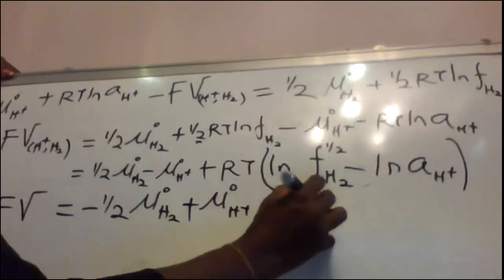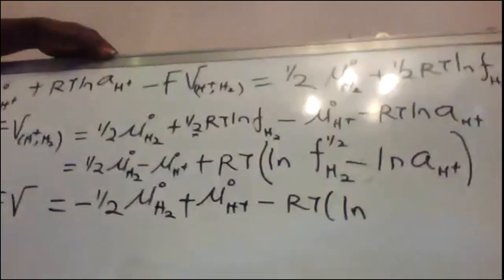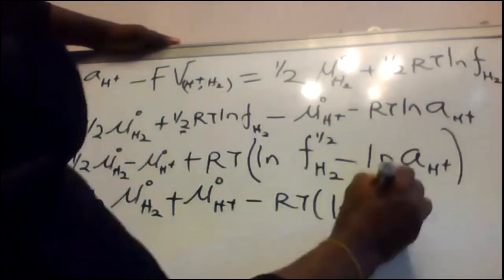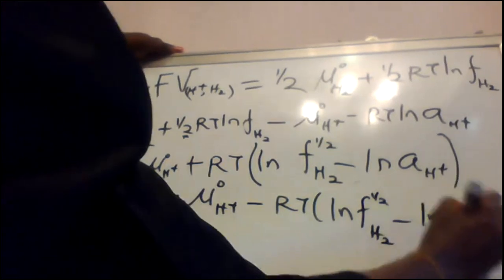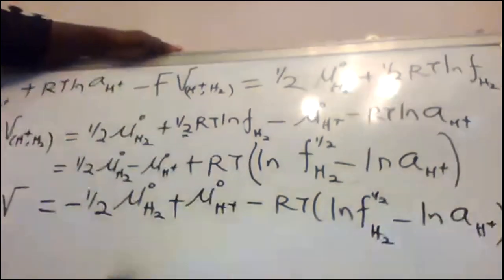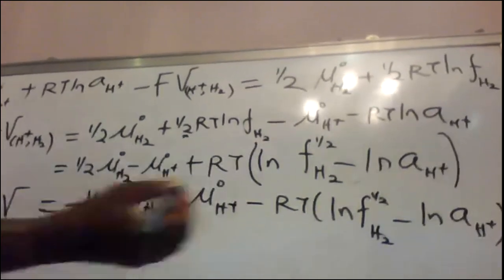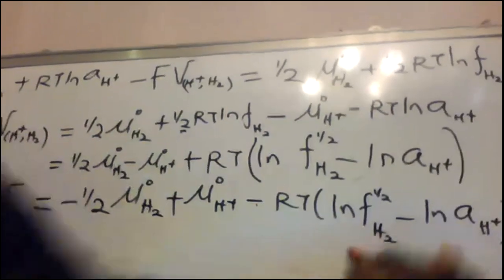minus RT ln F half H2 minus ln AH plus, right? Because this minus is only applicable to all of this. This is brackets.